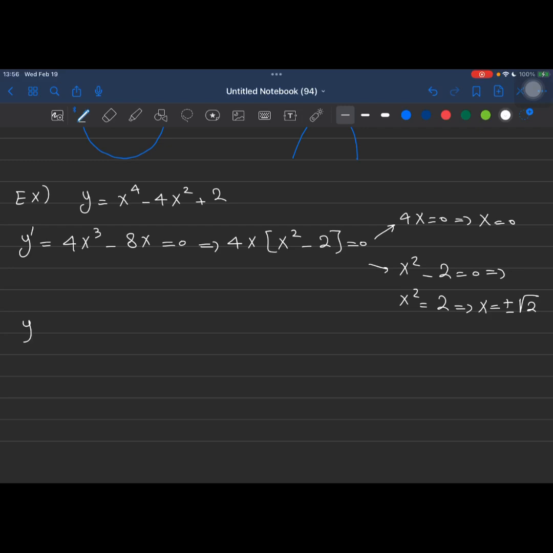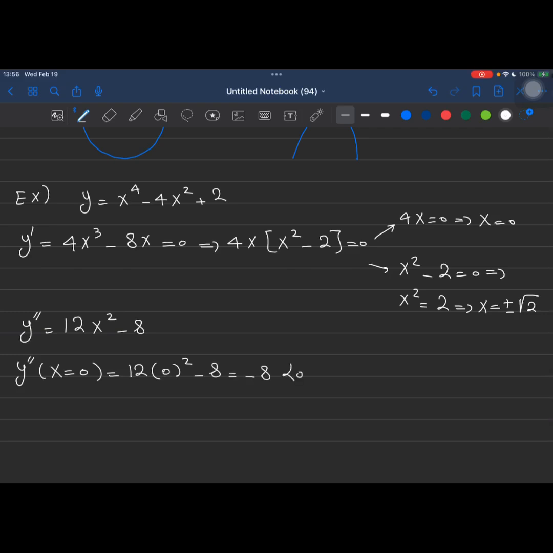So first, I need to find y double prime by differentiating this y prime. So y double prime is 12x squared minus 8. Next is to evaluate this y double prime at x equal to 0, at x equal to root 2, and at x equal to negative root 2. So y double prime at x equal to 0 is 12 times 0 to the power of 2 minus 8, which is minus 8.